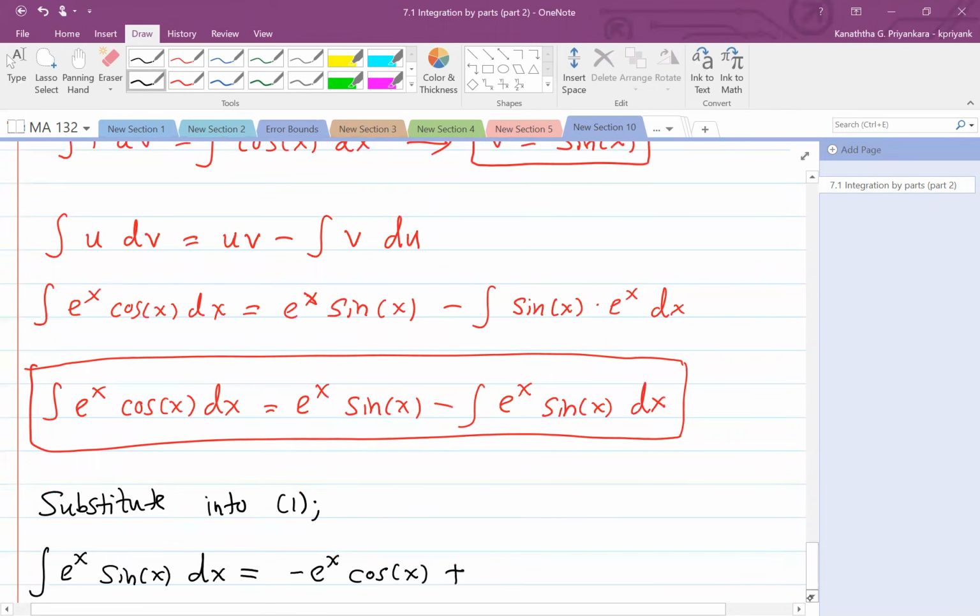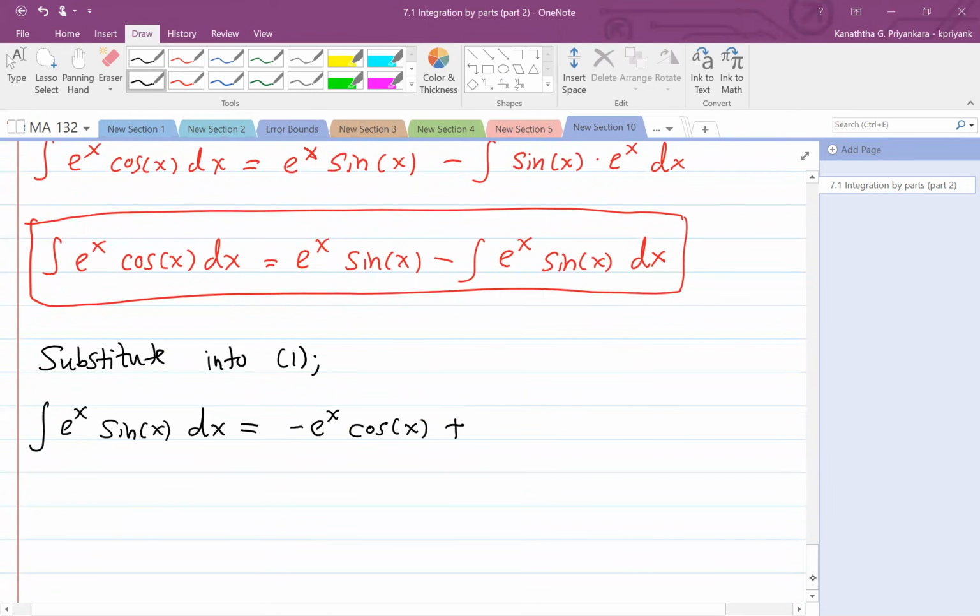So we found it, this whole thing. So we have e to the power x sine x minus integral e to the power x sine x dx.